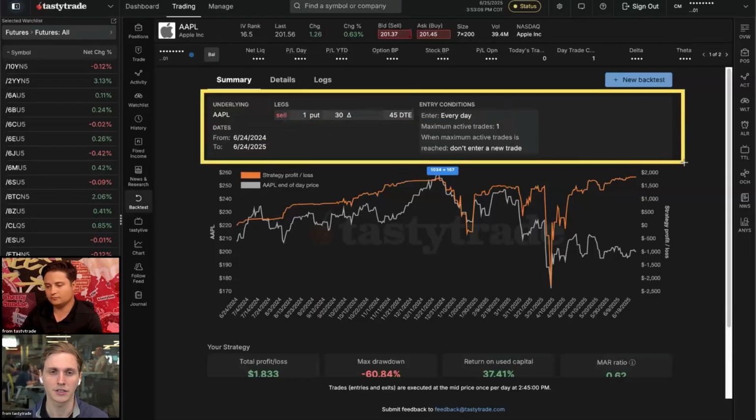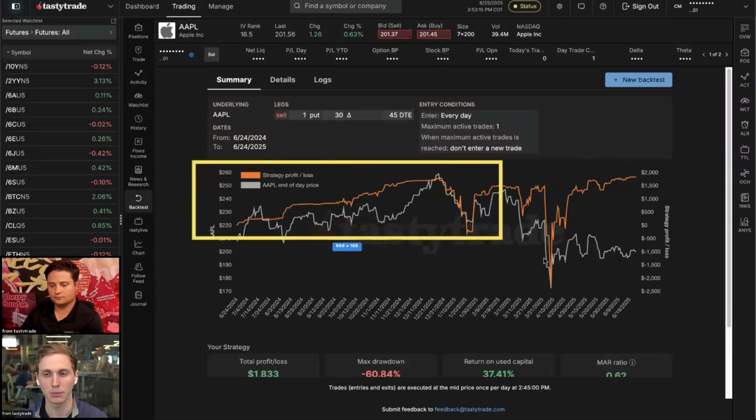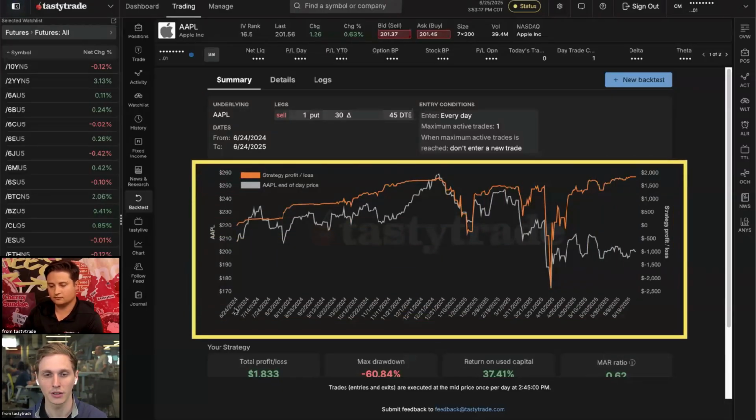At the top here, this is going to be all of the different parameters and the trade that we're placing. And then below that, we're going to get a breakdown on all of the different days throughout the last year that we were placing trades and the performance of our strategy. In particular, we're comparing the performance of our strategy here in orange to just buying and holding Apple, or the price of Apple over this time.